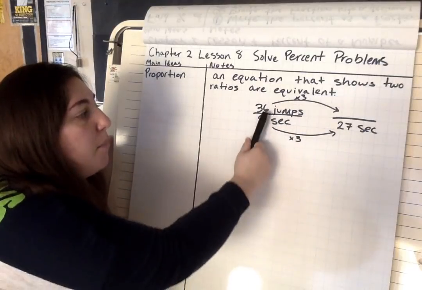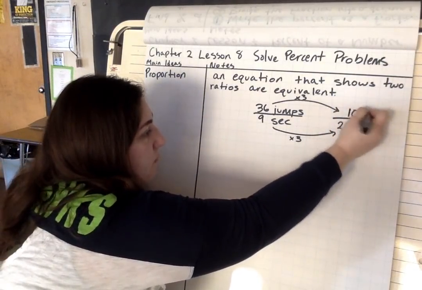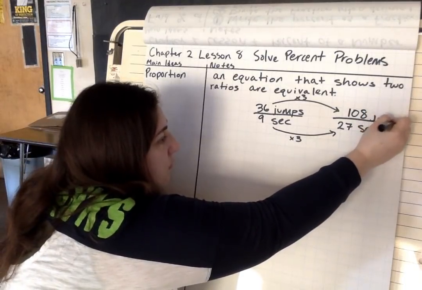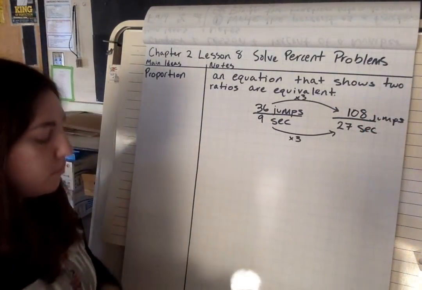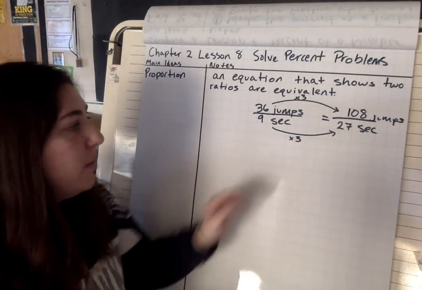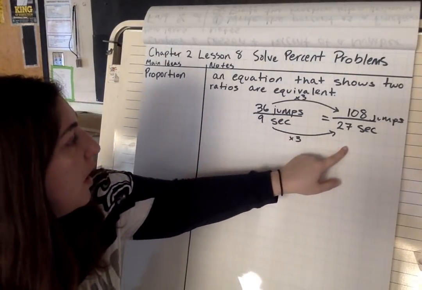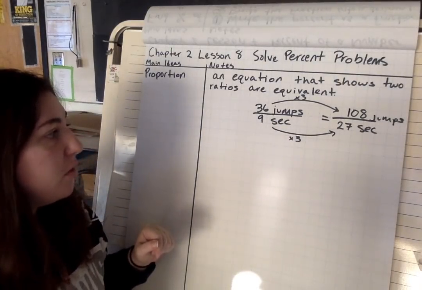Do the same to the top. 36 times 3 is 108. And equal.